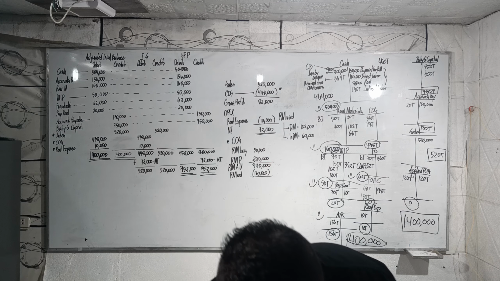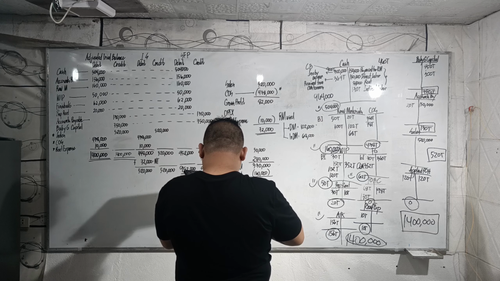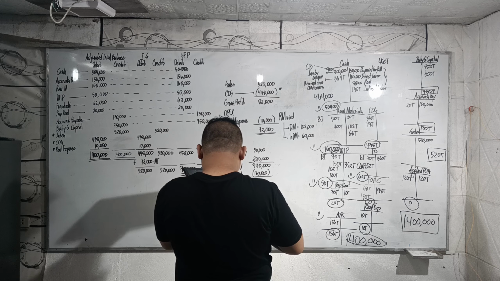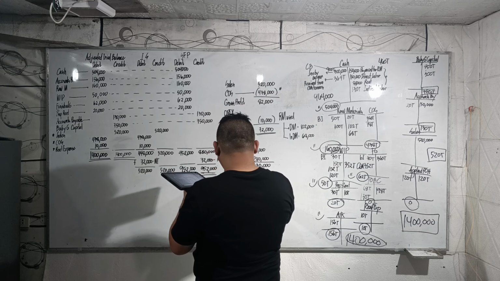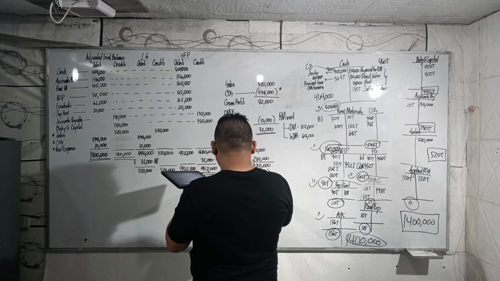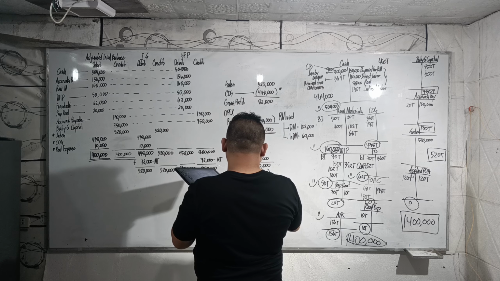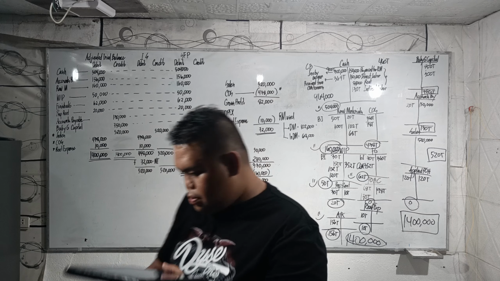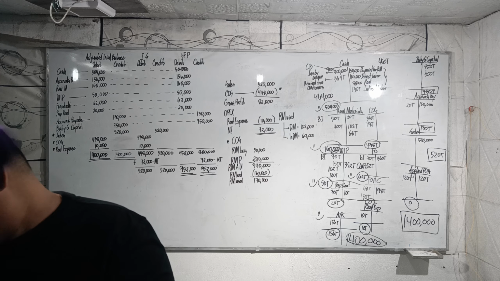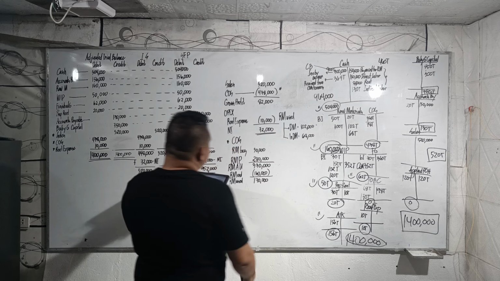So 330 minus 160, the raw materials used is 170. Okay? So, by the way, I would like to emphasize that again, there is a T account analysis style of computing for the cost of sales.